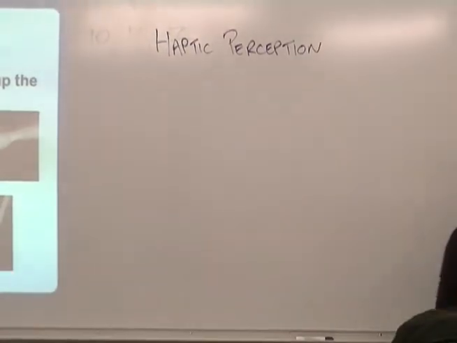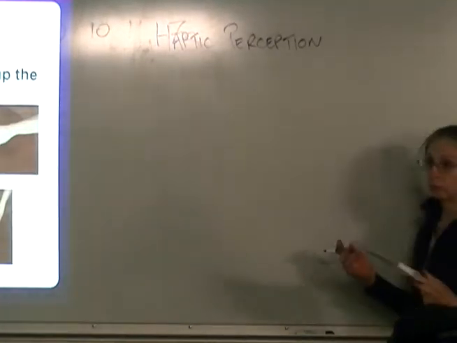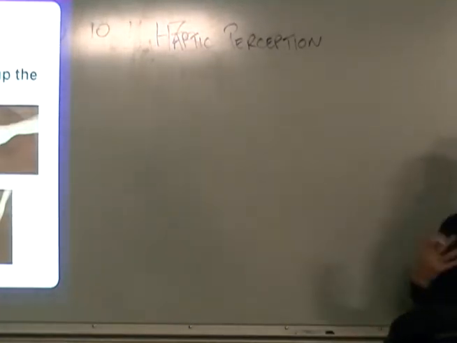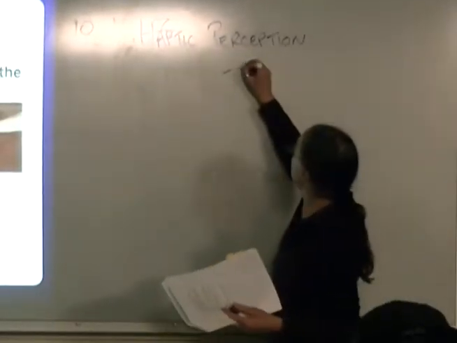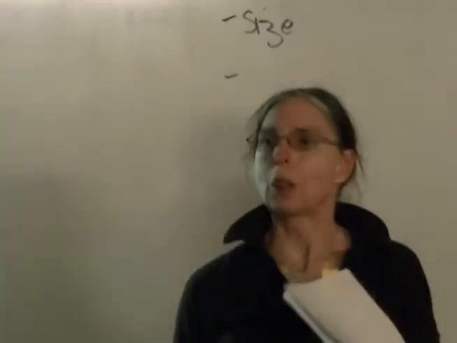Haptic perception is information that my brain can learn about an object without having to look at it. So, what information can I learn about an object without having to look at it? Size, right? Texture.